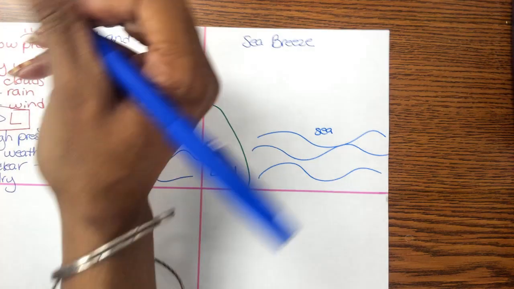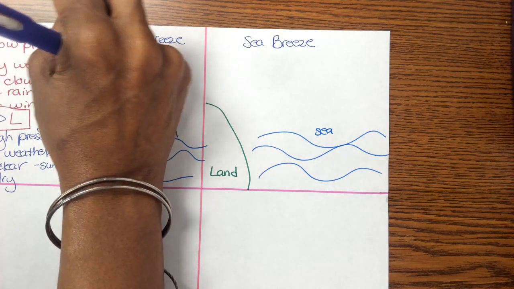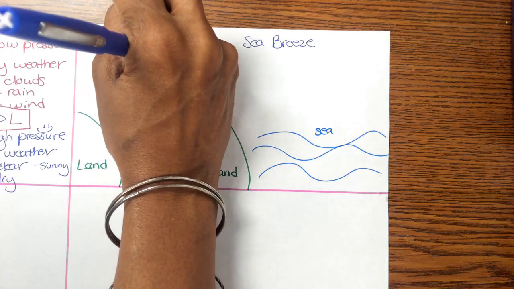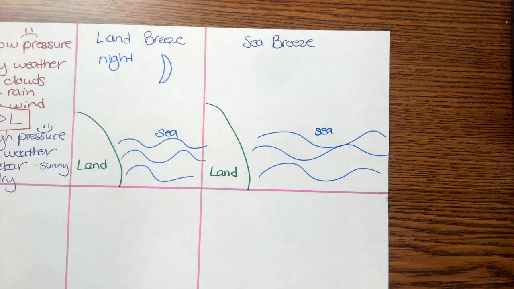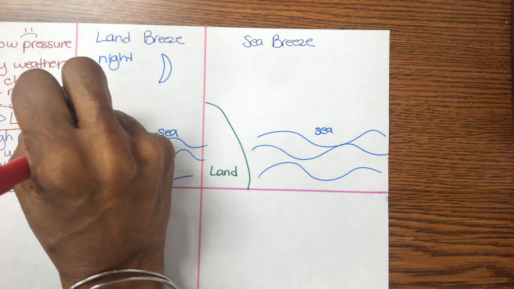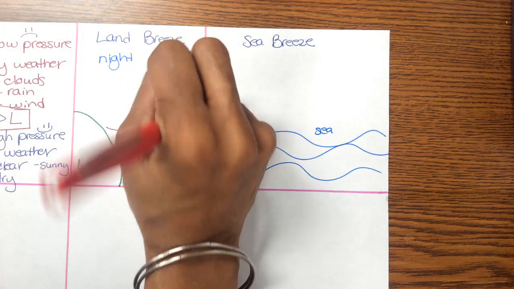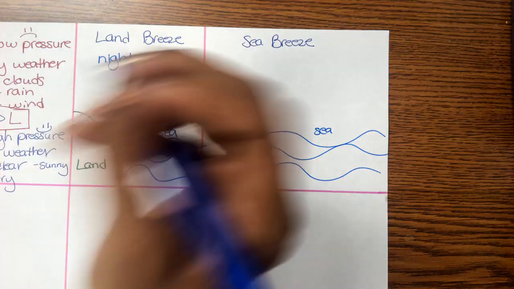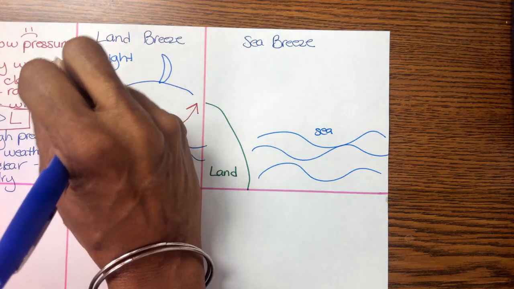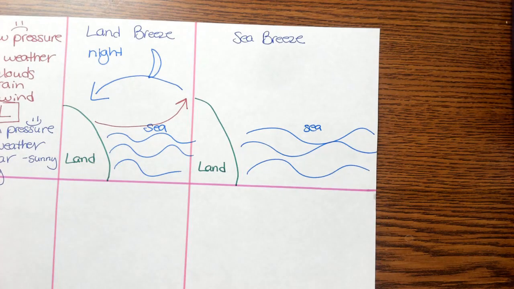So the land breeze occurs at night. I'm going to draw my little moon. Okay. So the land is hotter, so your warm air is rising, and the cooler air from the sea is sinking. There's that convection current. Okay?